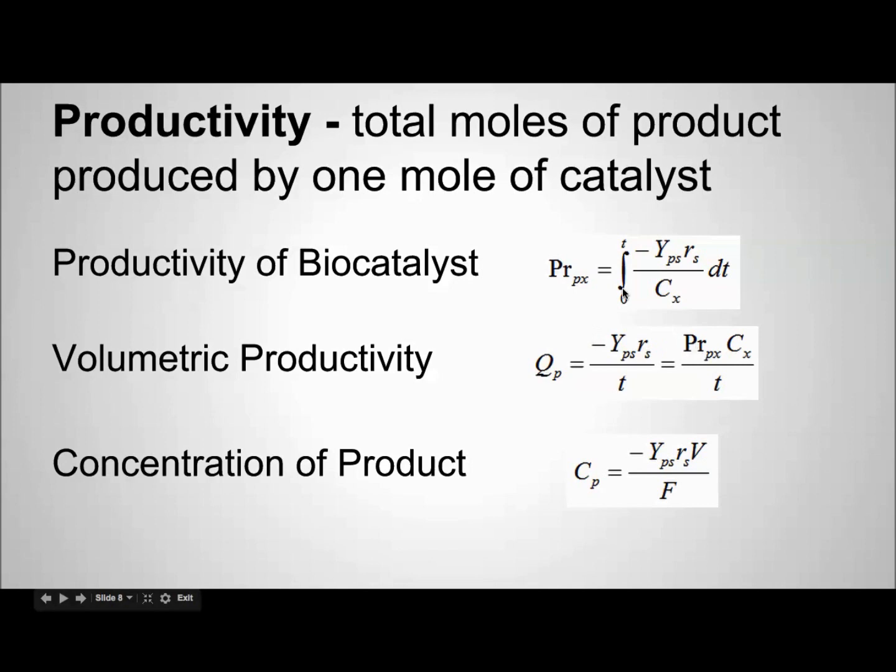You can multiply the productivity of biocatalysts by the concentration and divide by time. That will get you your volumetric productivity. And the last form, and then we can also find the end concentration of the product after a certain time t. So yeah, you've got your yield, your rate, your volume, and your flow.